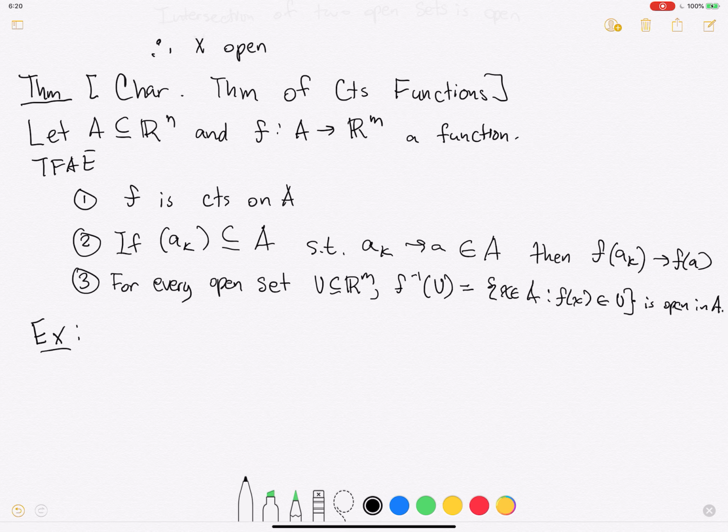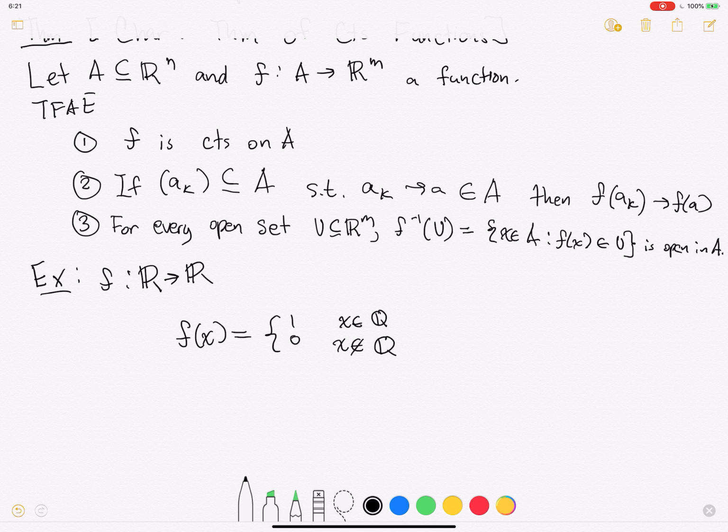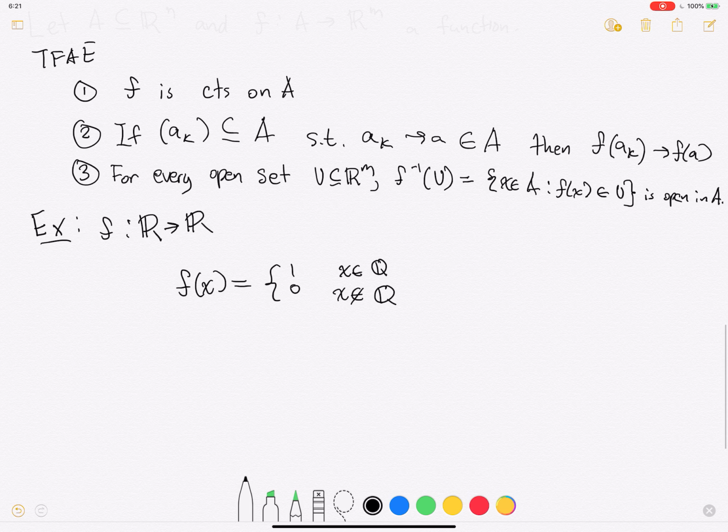So going back to our example, f from R to R, f(x) equals 1 if x in Q, 0 if x not in Q. So it's like an indicator for being a rational number. We said it was discontinuous everywhere, or continuous nowhere. We're going to show that formally.